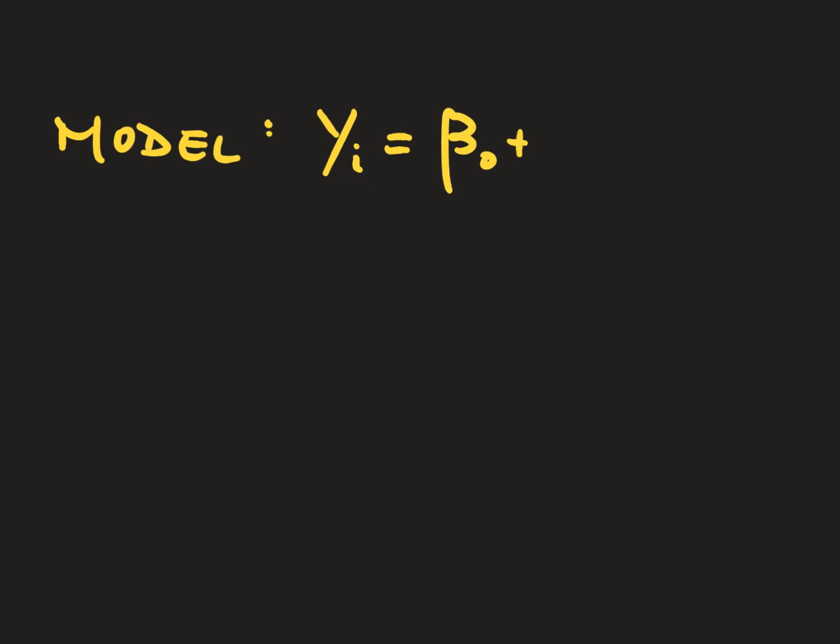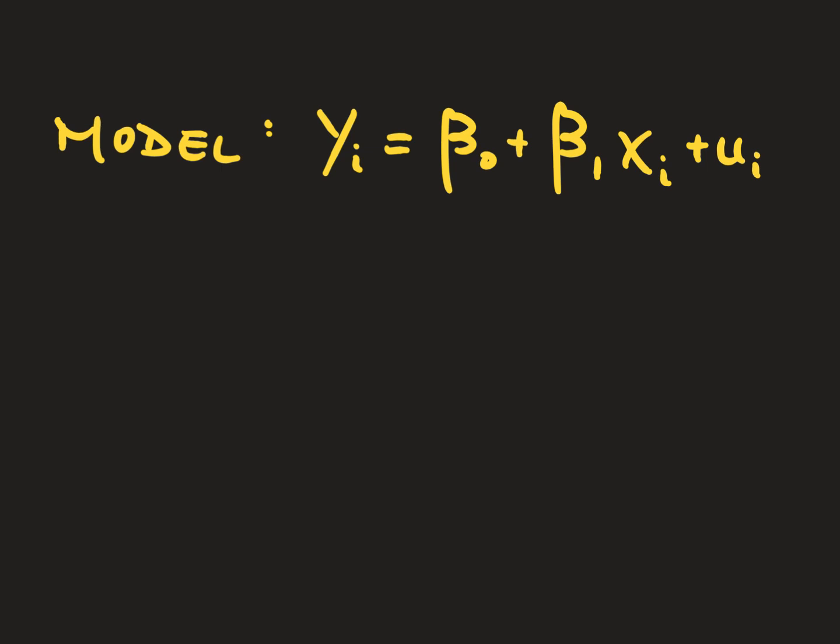Now, I said I wasn't going to do math, but I lied a little bit. Remember that our econometric model that we try to estimate is, we believe, that the true relationship between two variables can be described more or less as y is a function of x, plus some other factors. Ui stands for those other factors, the unobservables.